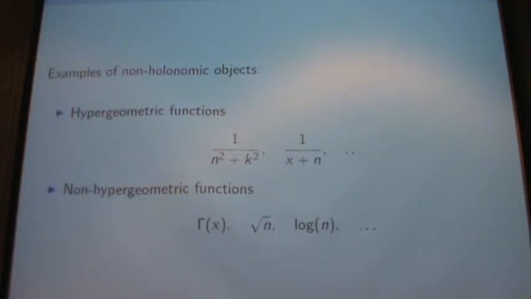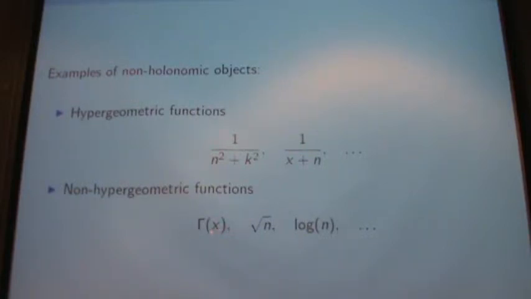Also, your method does not just work for hypergeometric functions. You can also apply it to some non-holonomic, non-hypergeometric functions. There are some very famous examples which are not holonomic. For instance, this is the gamma function.